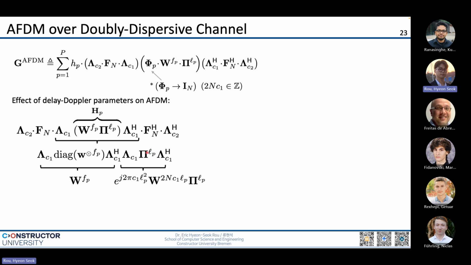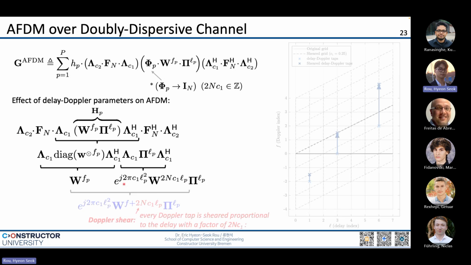But now this shift matrix has some change, which is that on top of the shift that it had before, we also have this additional chirp-based phase ramp that is given by the W we saw before, the roots of unity. The power of this term is dependent not only on the chirp rate, but also on the Doppler. So we have this term appearing and also some global phase.